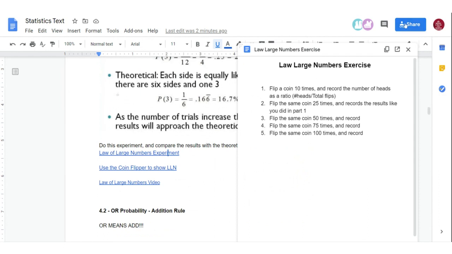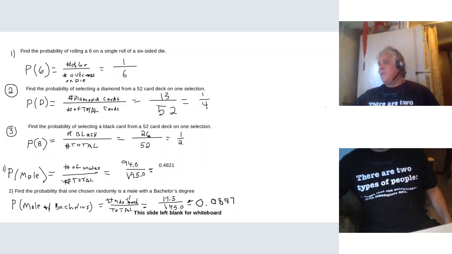Well, I've got a couple of coin flippers here. Let me put that up here so you can see it, and I'm going to go through and do that. This thing makes it real easy. It takes a lot of time if you do it with a real coin.